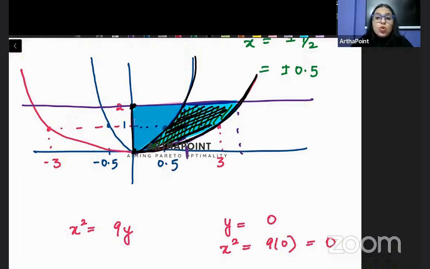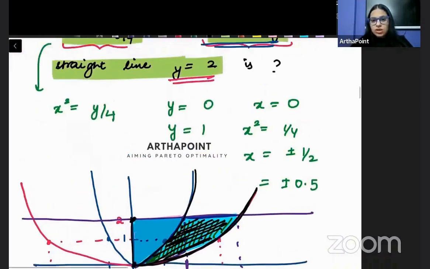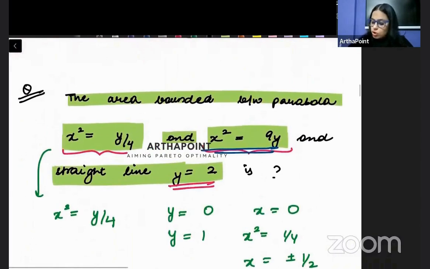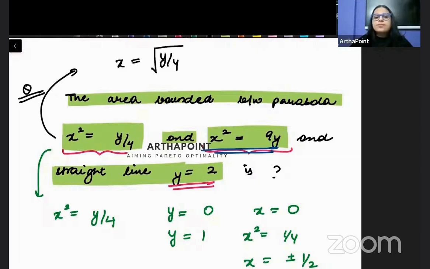Am I clear on that? Right? So you have to integrate across the y-axis. So you have to write everything in terms of y. सब कुछ y के terms में लिखना जरूरी है. Right? So you will write this in terms of y. तो बेटा x का value क्या आ जाएगा? y by 4 under root. You will write this in terms of y. तो x का value क्या आ जाएगा? root 9y.